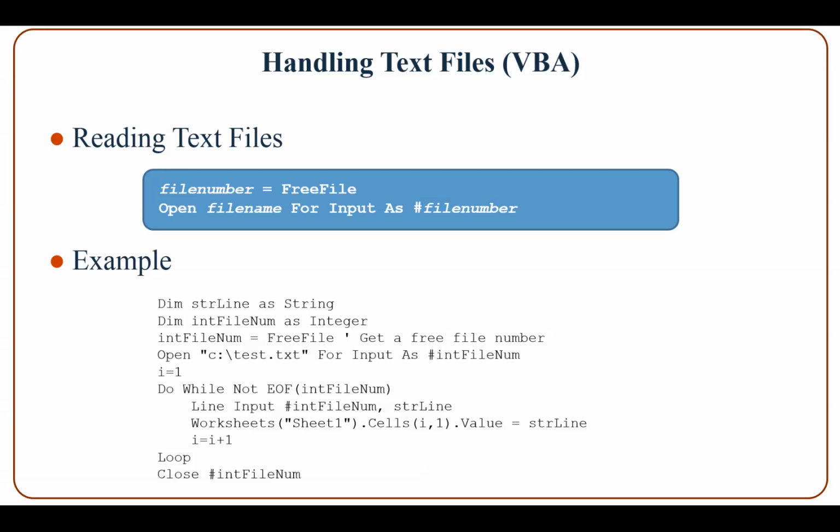This is an example. You can see the first thing is you call the FreeFile function to get a free file number, and then open a file for input as that number, which comes after the pound sign.